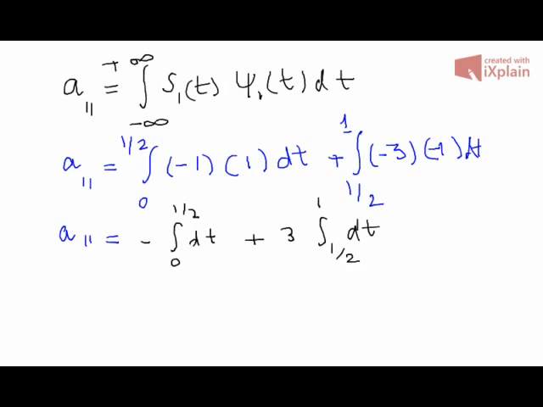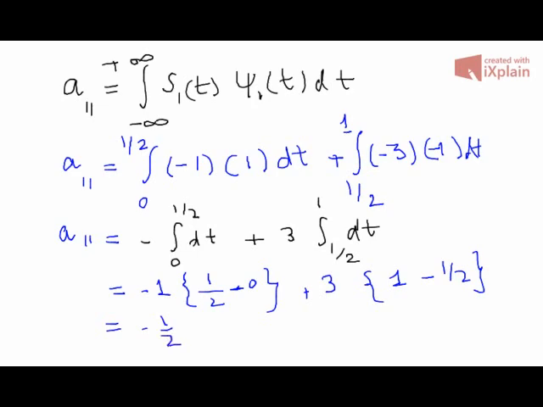Going ahead to solve this further, you have minus 1 times half minus 0, and then plus 3 times 1 minus half. So this is minus half from here, and this is plus 3 over 2.